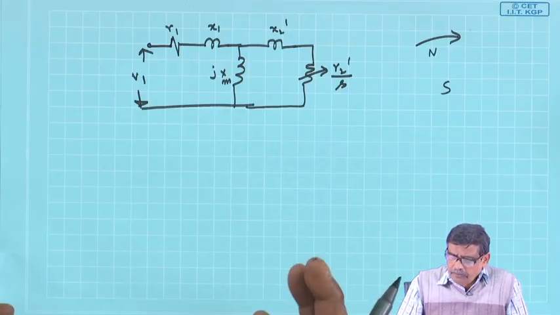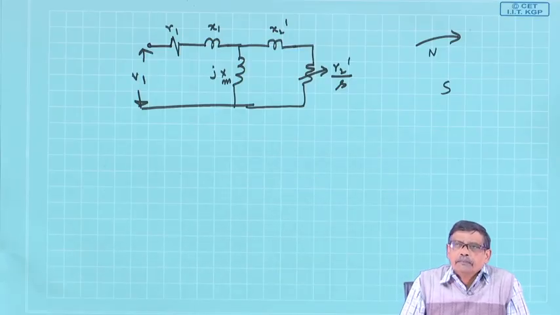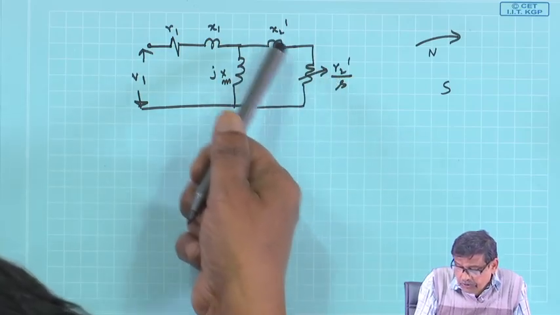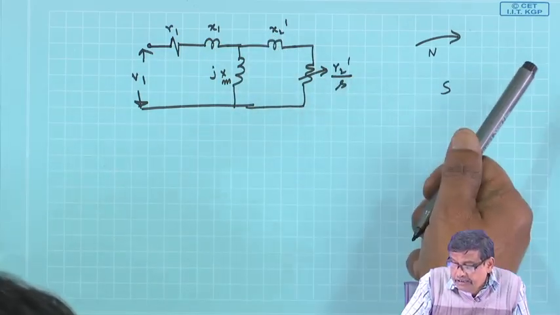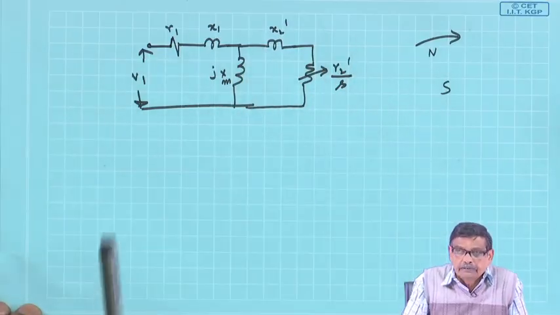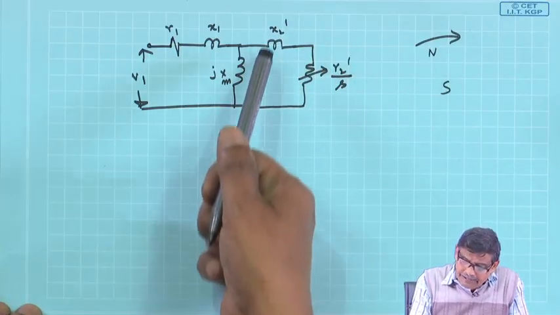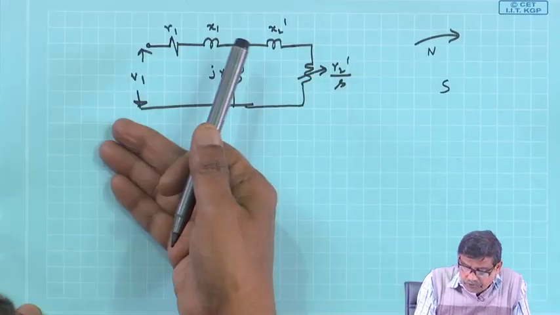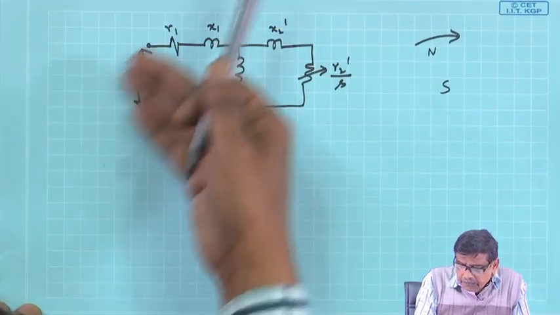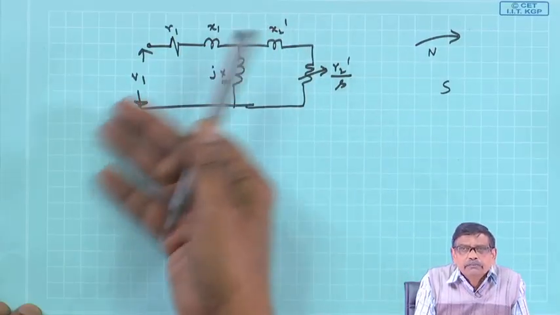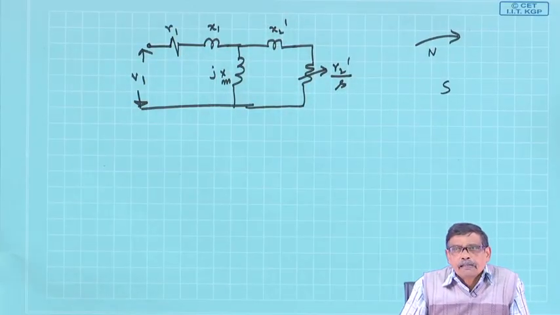And therefore, I can proceed as usual, because after all these parameters will be the equivalent 3 phase rotor winding per phase parameters, and these are all referred to the stator, and these parameter values can be determined by doing some simple experiments.